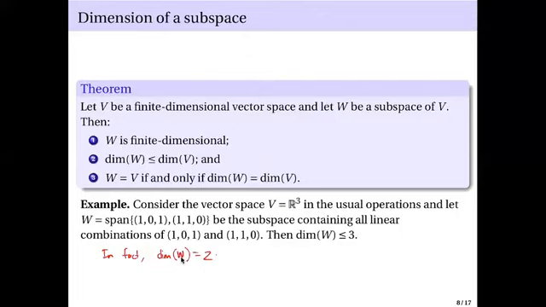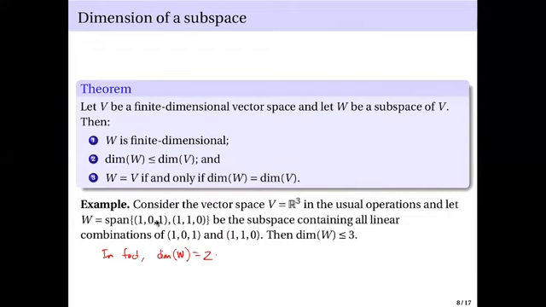Now, the dimension of W, I said it is equal to 2. It's not because it has two elements. You still need to show that these two vectors are linearly independent.